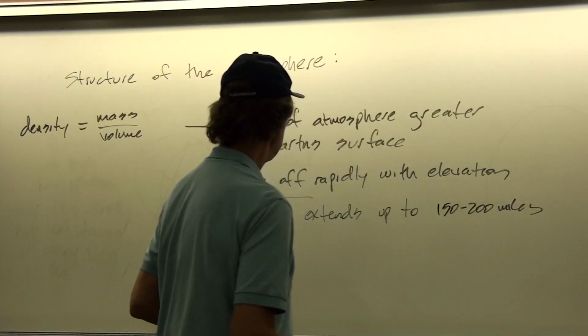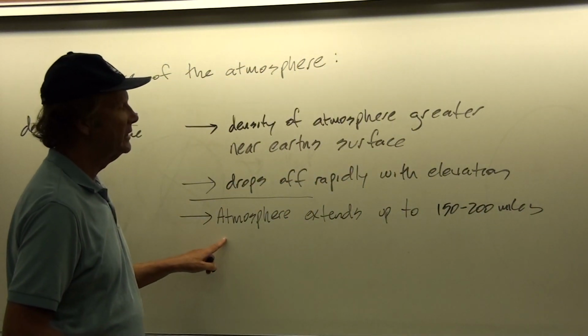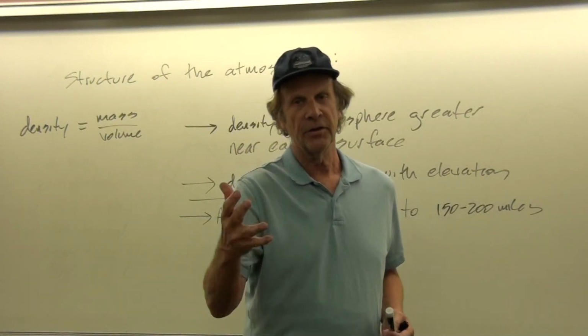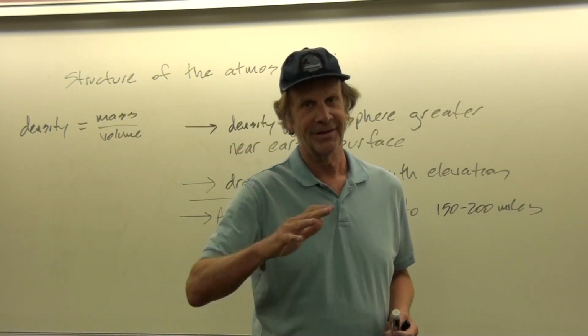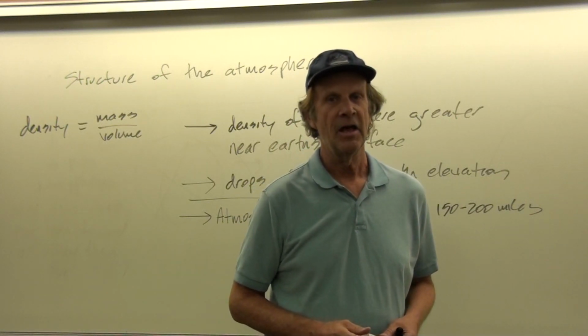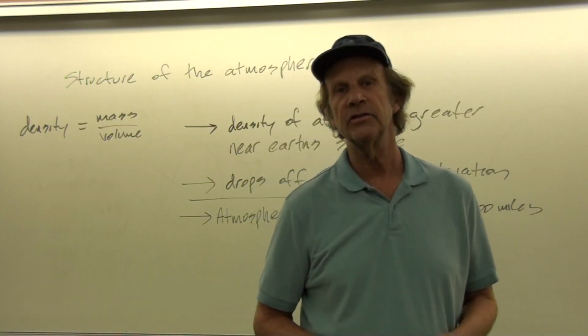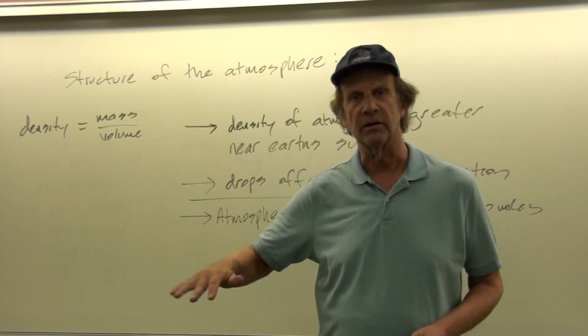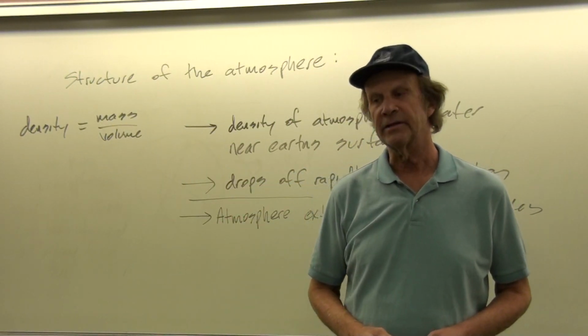Now, it does vary a little bit depending not only on the seasons, which heat up the northern and southern hemispheres differently because of the tilt of the Earth's rotational axis, but also because of the output of energy from the sun. The sun goes through different kinds of cycles called sunspot cycles.